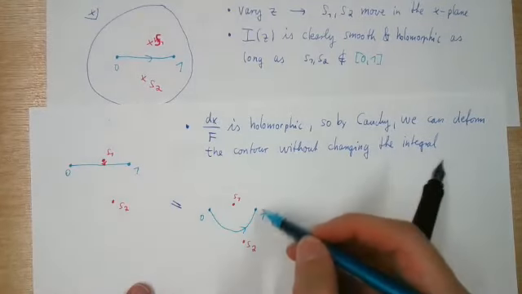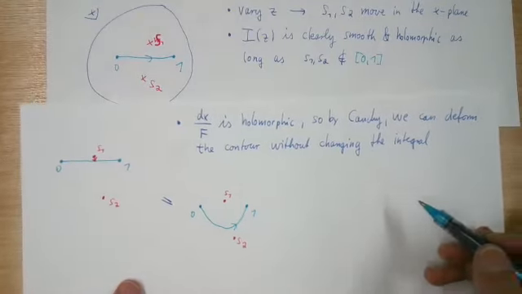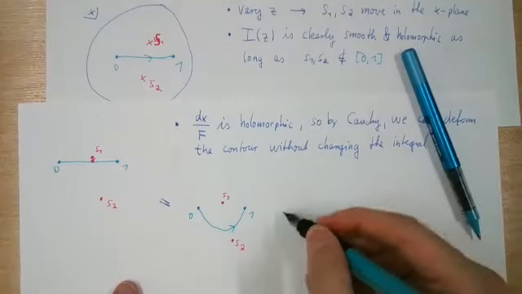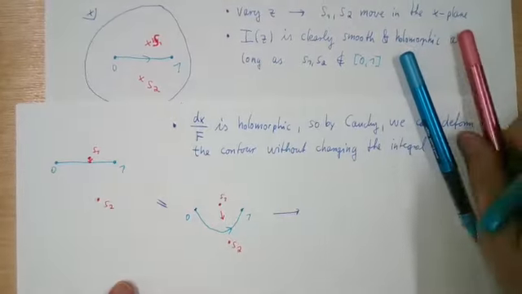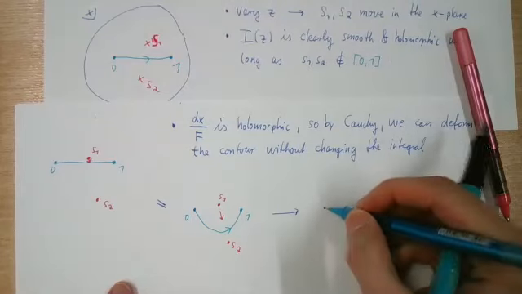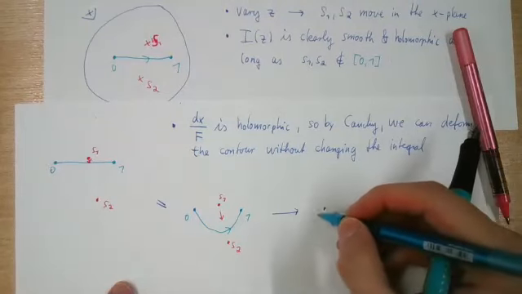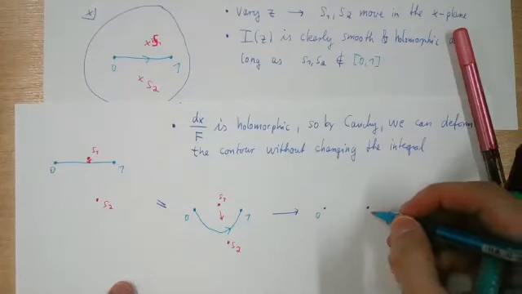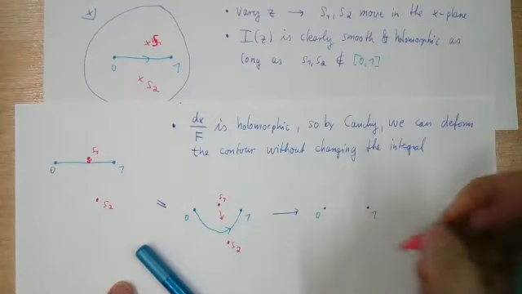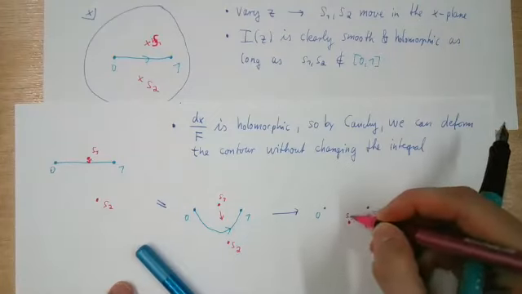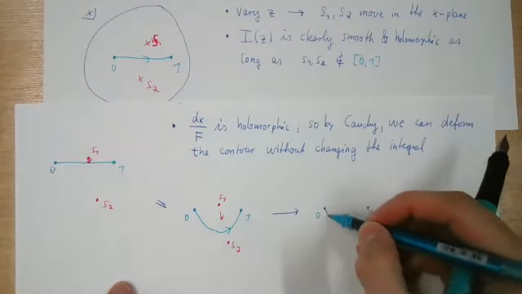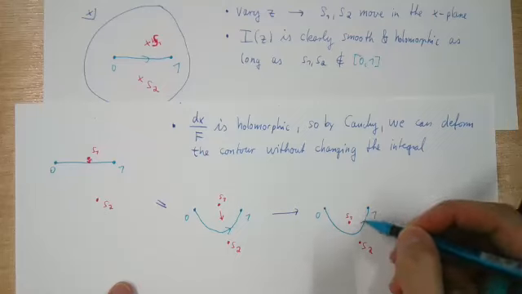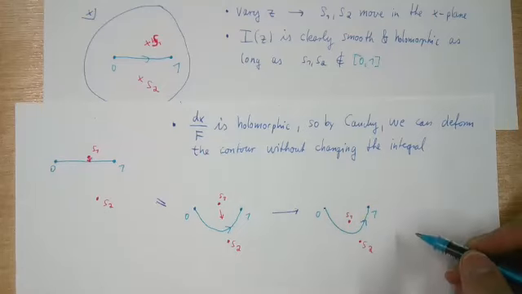So the integral over this path gives exactly the same integral. And this means there's now no problem. If S1 goes down, then the integral stays smooth and holomorphic, even if you're now at this point where S1 is down there, because you can just deform the contour away from S1.